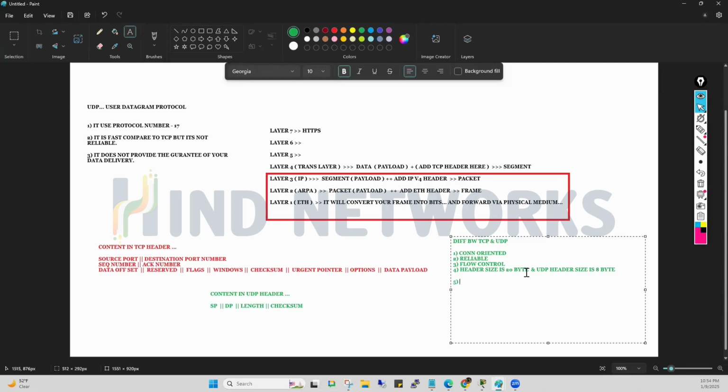And the fifth difference, I already told you, TCP is slow and UDP is, guys, fast. Clear, guys? Everyone, I hope this is clear to all of you. Let me know, everyone.